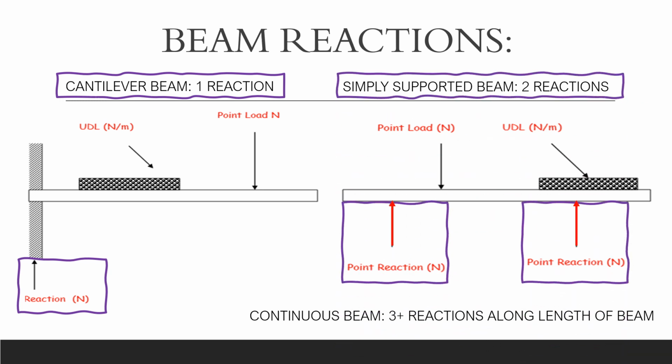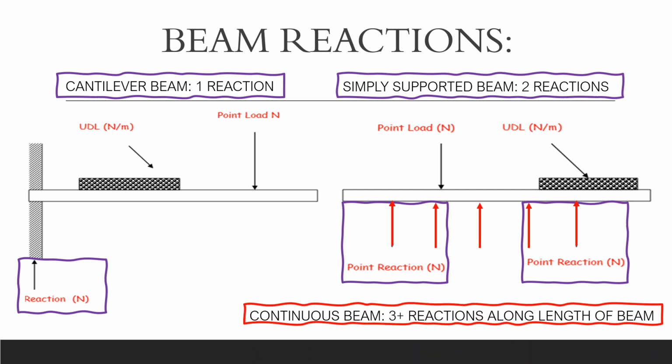When you've got a simply supported beam, this is our standard, where you've got two walls or two columns and you've got this beam sort of spreading in between. And then the third one is your continuous beam, where you've got lots of columns holding it up. So they're your three types.